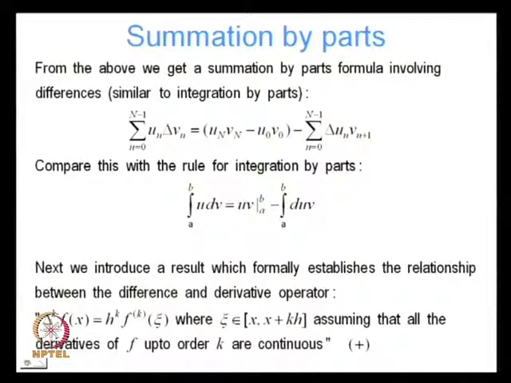Well, xi can be any point which belongs to the interval x to x plus kh. Of course, this assumes that the function has continuous derivatives up to order k.